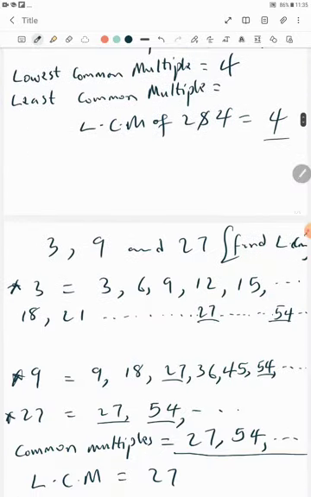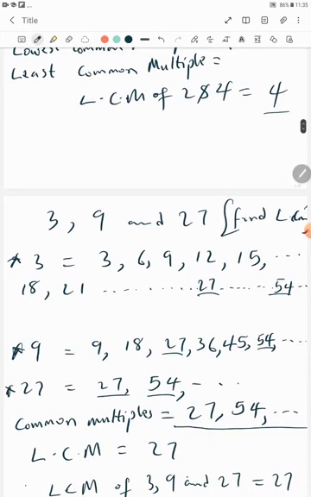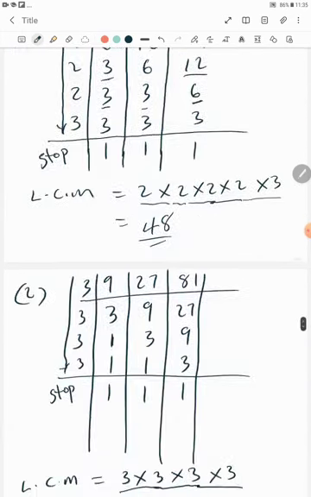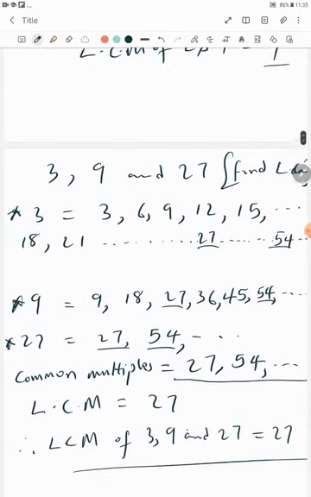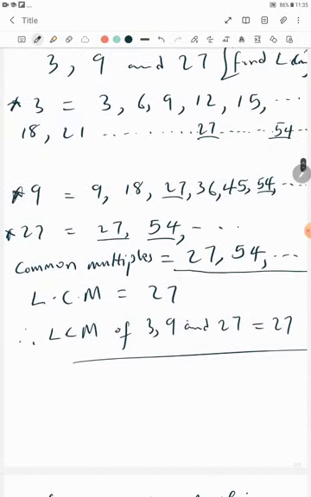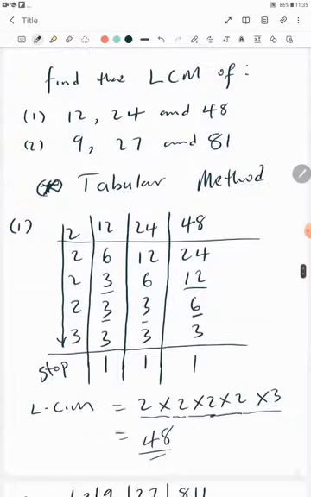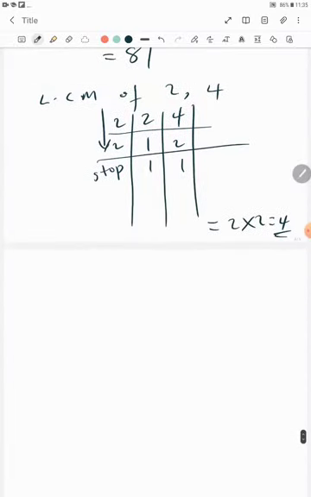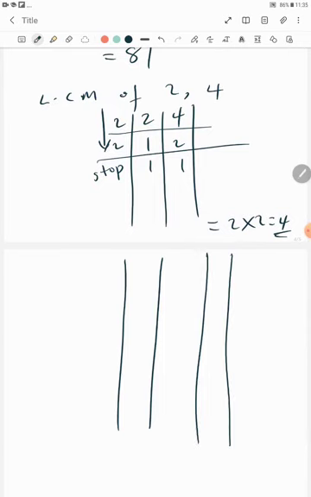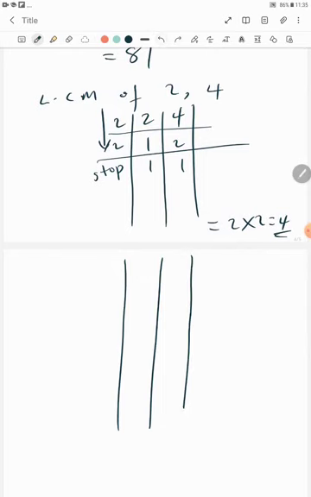The other one I did, I guess, is on 3, 9, and 27. What did we get when we did that of 3, 9, and 27? You can see that our answer is 27. So let's see, is it correct? Let's just use the tabular method to prove that also. So we have 3, 9, and 27.